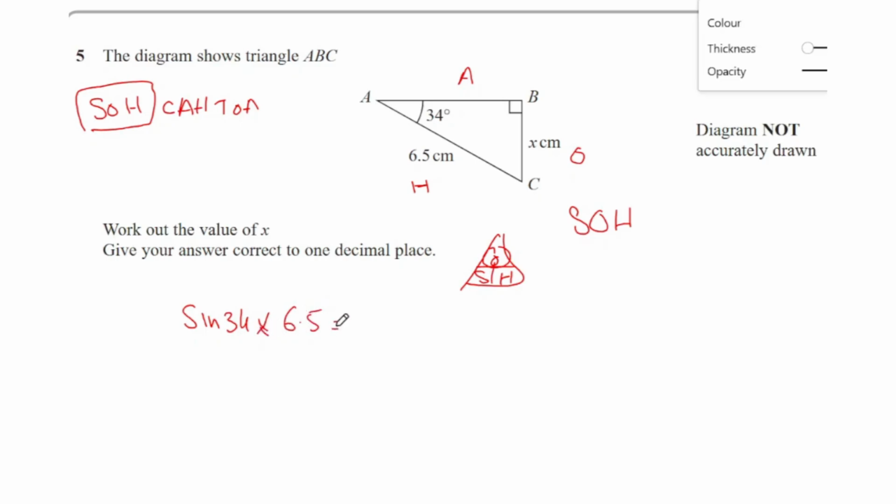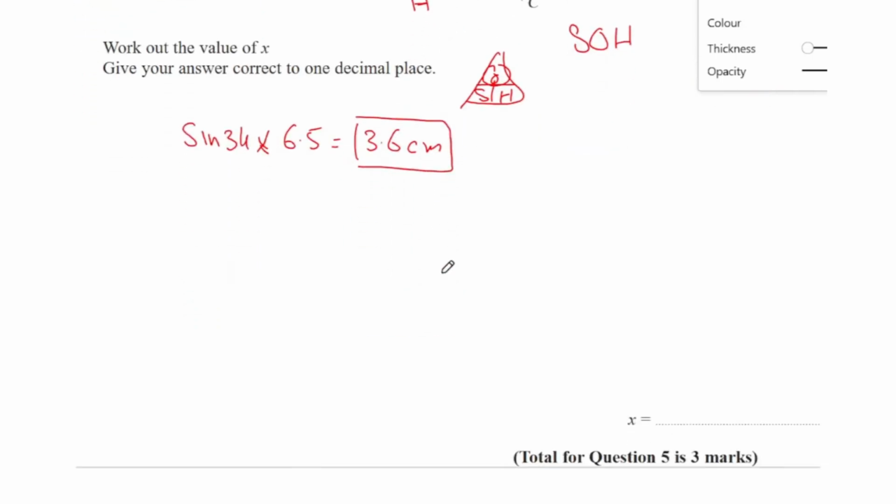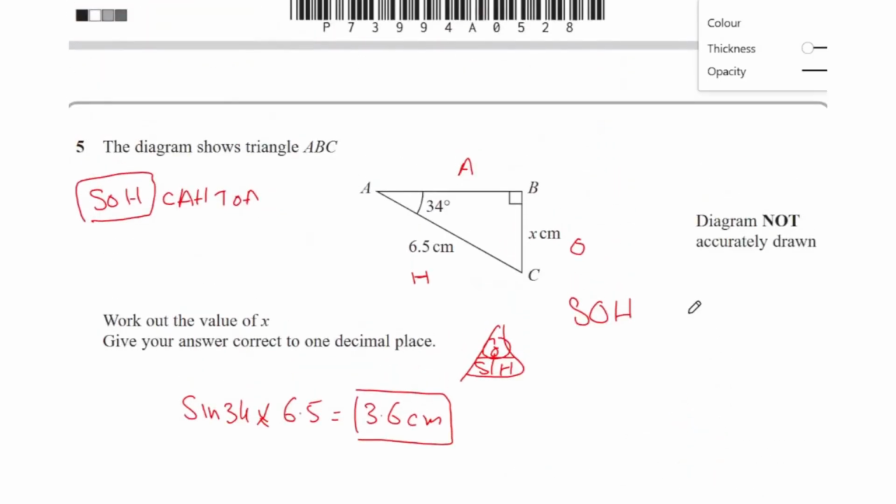If you multiply these two values, you will simply get 3.6 centimeters. So our x value is 3.6 centimeters. So this is a 3 mark question. Again, I think it's really simple. If you just know the basic formula, you can easily achieve 3 marks.